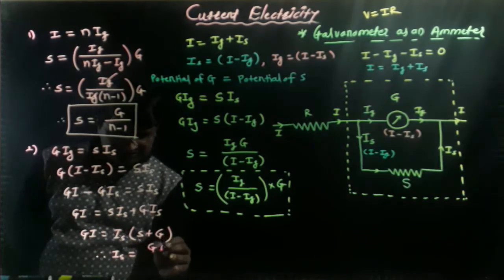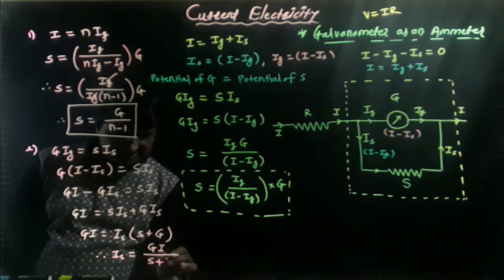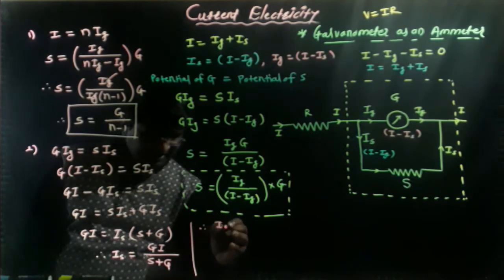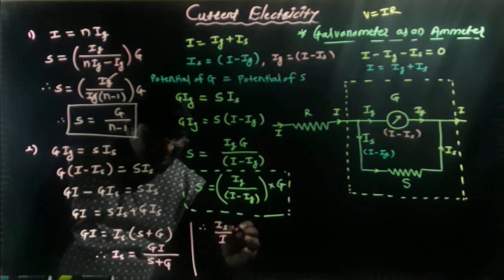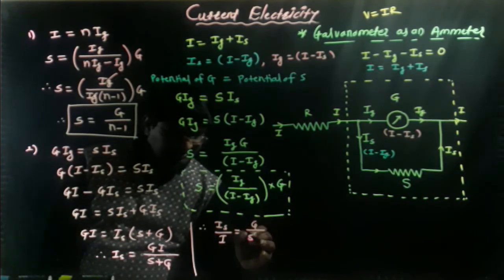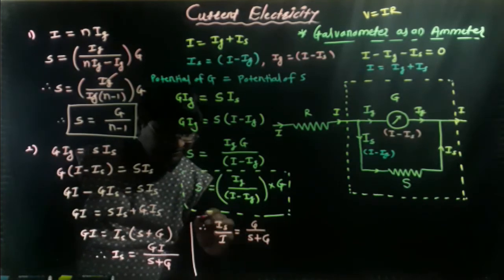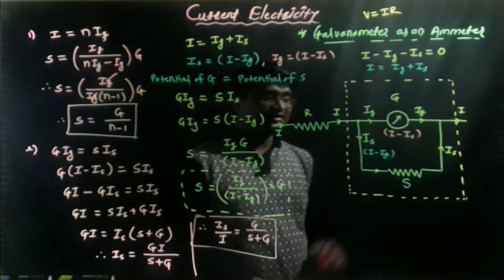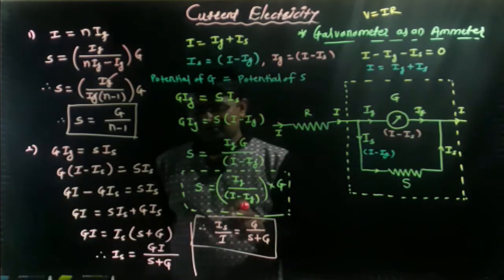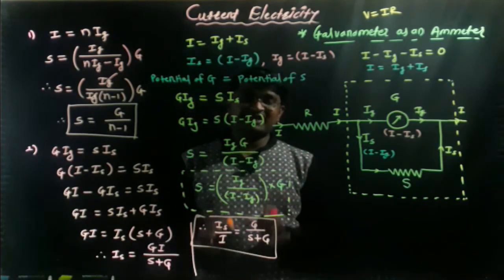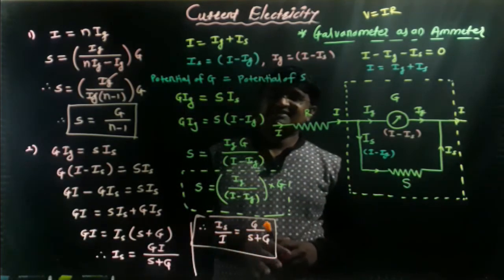Therefore Is is equal to GI divided by S plus G. It means that Is upon I is equal to G upon S plus G. So this is the total fraction of electric current passing through the shunt resistance.